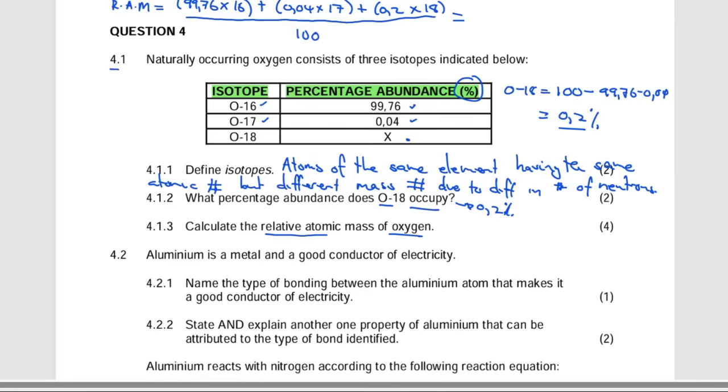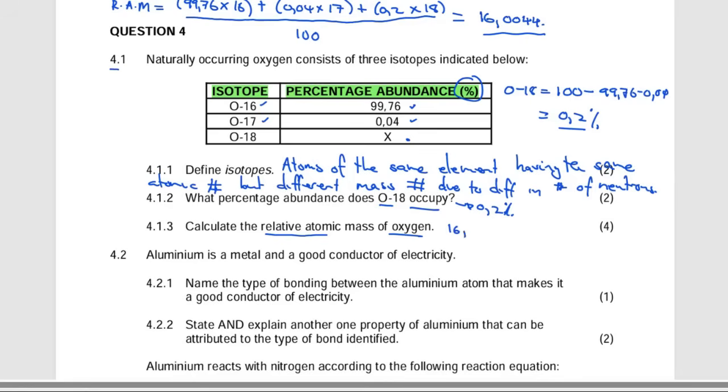Then if we employ our calculators, 99.76 times 16, plus 0.04 times 17, plus 0.2 times 18, all over 100, it gives me a value of 16.0044.